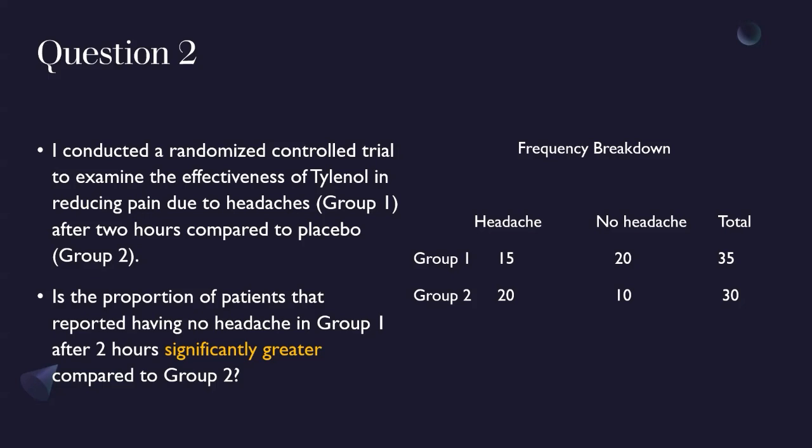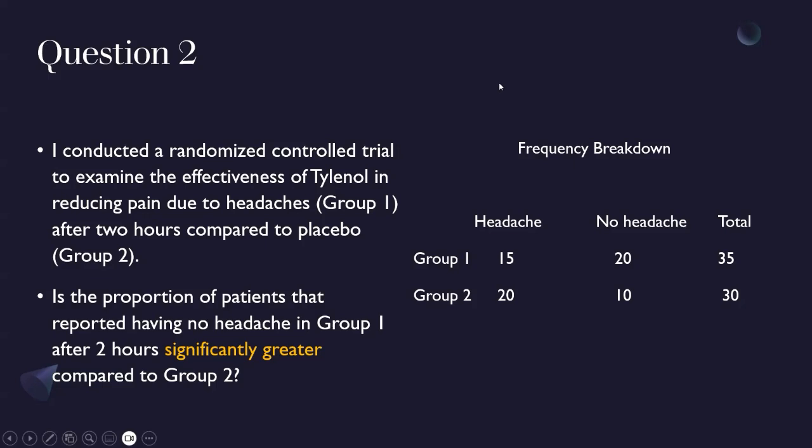So my KA, that's A, would be my group 1 or the people with Tylenol. And my parameter of interest, no headache, is 20. My total in that group is 35. And my KB, my B is group 2. Those are the people with placebo. And the number of people in the parameter of interest, those with no headache, is 10. And my NB, which is the total in group 2, is 30.